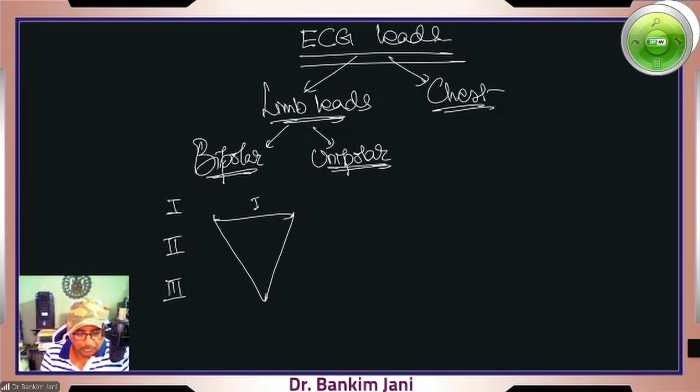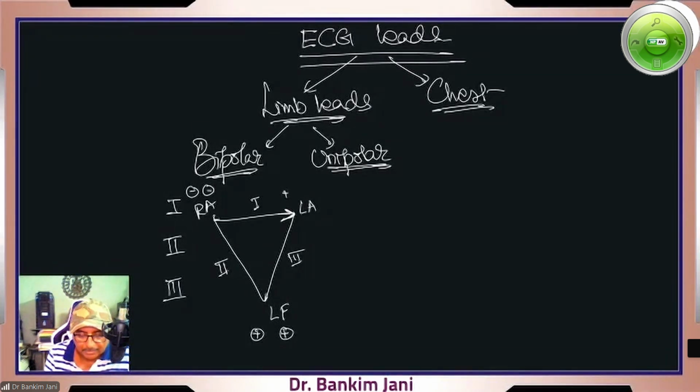This is 1, this is 2, this is 3. Here it is the left arm, the right arm, and the left foot. Consider this is always negative and this one is always positive. So problem solved. This is minus, so this will be plus.